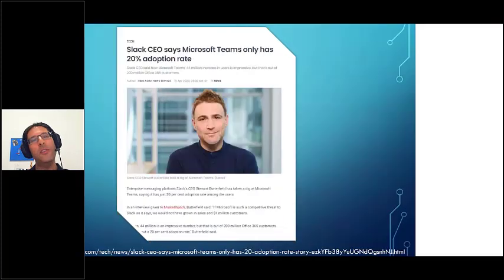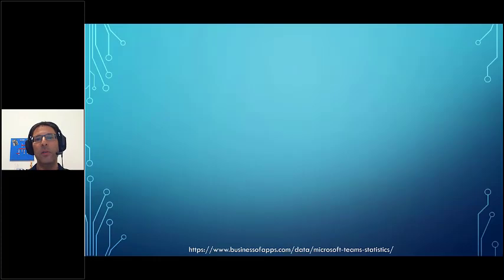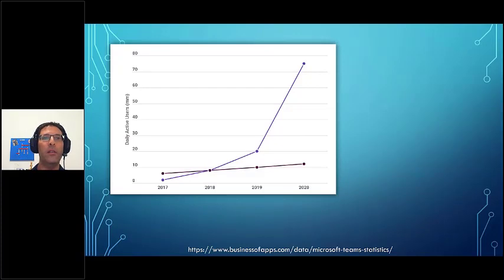We've of course seen the COVID-19 virus, and what we've ultimately seen is that COVID has proven to be the absolute ultimate adoption tool for the likes of Teams, Slack, Zoom, and many other capabilities as well. So if we look at, for example, some research and some articles, I've put a link down at the bottom there. This is an article looking at some of the adoption in Teams, and we can see quite interestingly the absolute perfect shape of that hockey stick curve that one absolutely dreams of in terms of adoption.